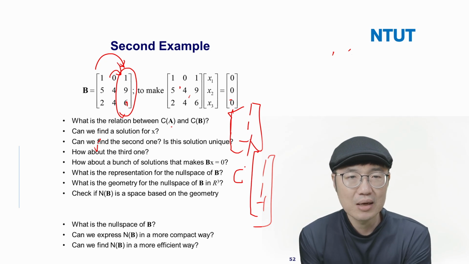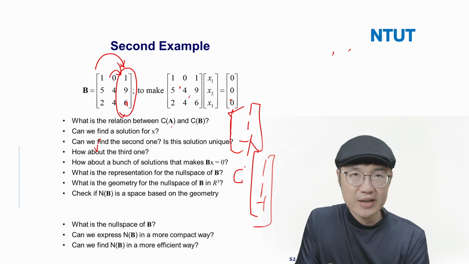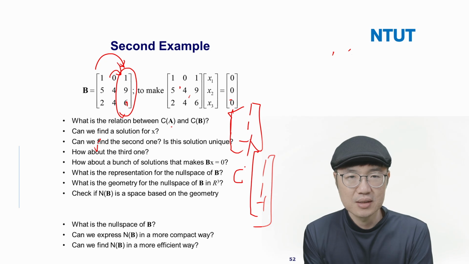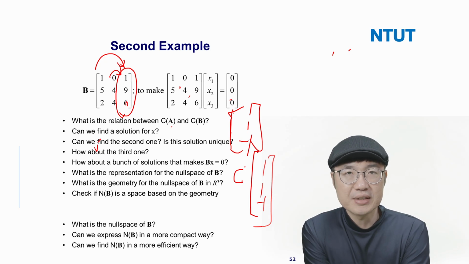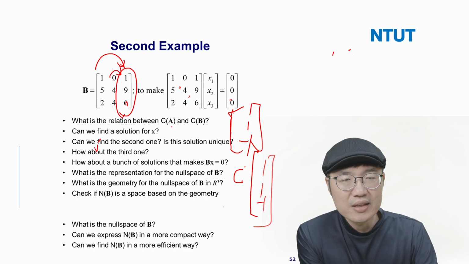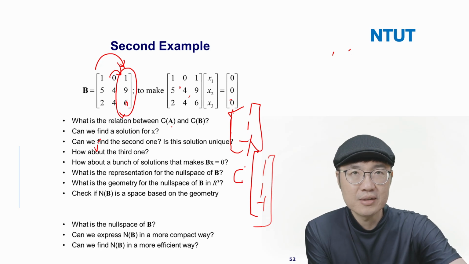And 1, 1, minus 1 is a vector in R3. So this further tells us the dimension of the null space is R1. It's a line passing through the origin in R3.